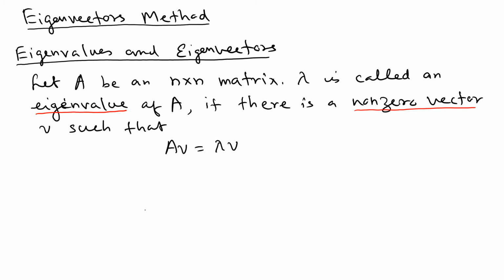So if you can find a non-zero vector such that when you multiply A with nu, you exactly get lambda nu. Because what will happen when you multiply a vector with a matrix? It's going to rotate the vector. So what this theorem says is that the rotation simply becomes a scaling, because when you multiply by a lambda, it's going to scale it. So what this says is that the rotation is exactly equal to a scaling.